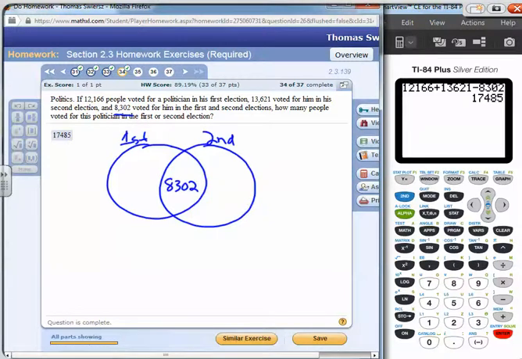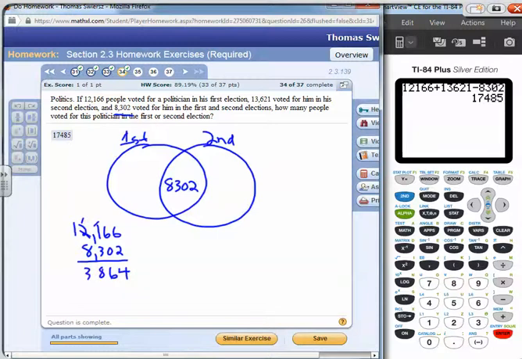If there's 12,166 in the first, then what's left here would be 12,166 minus the 8,302. We already accounted for 8,302 of the first. That includes the 8,302 that voted in the first and second. So you would have a 4, 6, and 8.